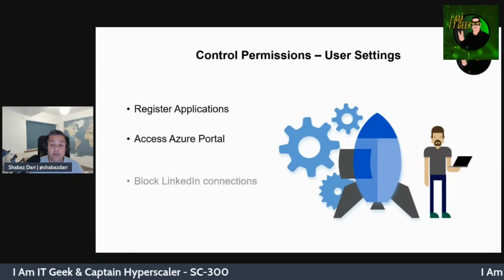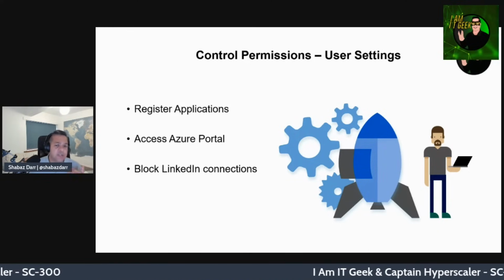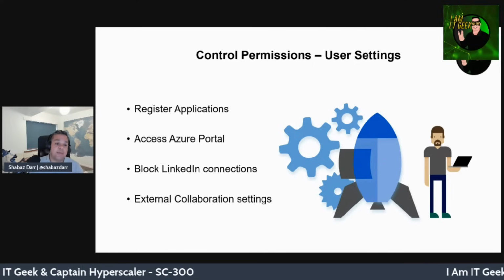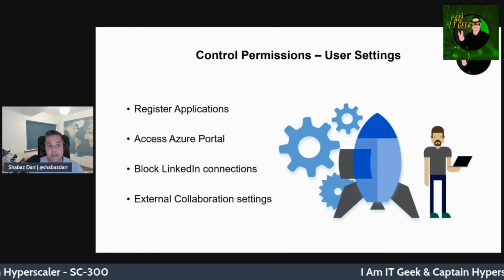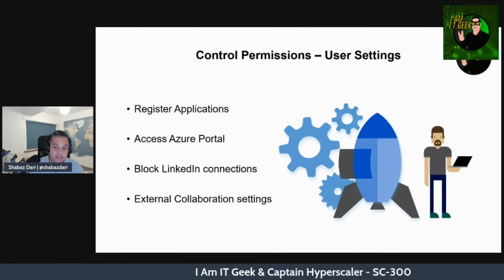You have the ability to block the integration with LinkedIn as well, and I think Dwayne has shown the user settings in one of his old demos in one of the previous modules, so do check that one out. Finally, you can manage settings for external collaboration. So this is as far as guest access and business to business.